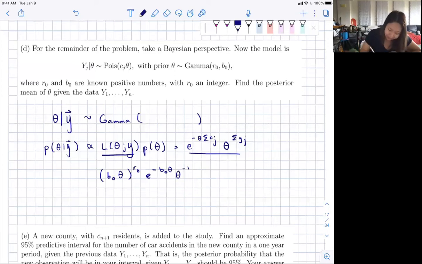Taking the proportionality, we only care about the stuff with thetas in it, so it's going to be theta to the r naught minus 1 times e to the negative b theta. That's going to be our prior.